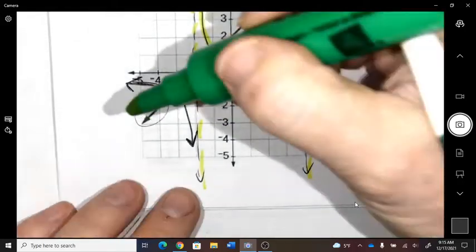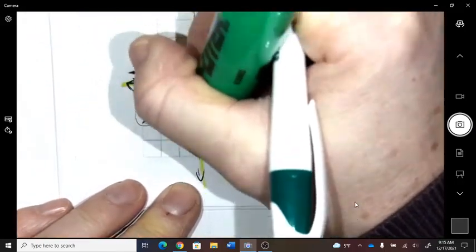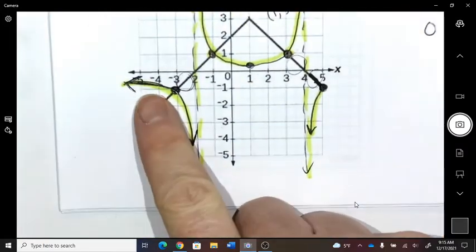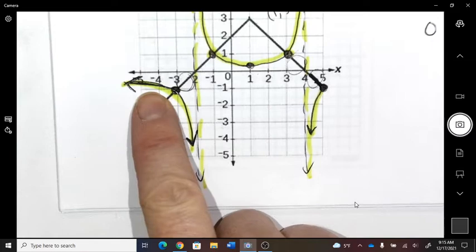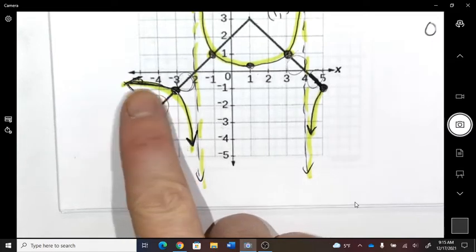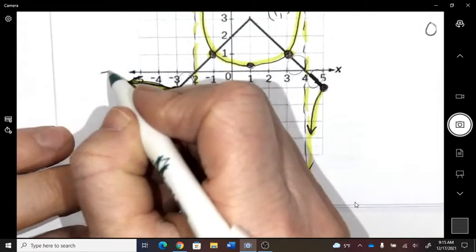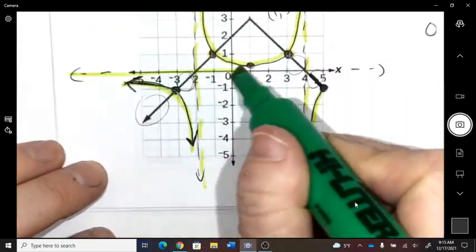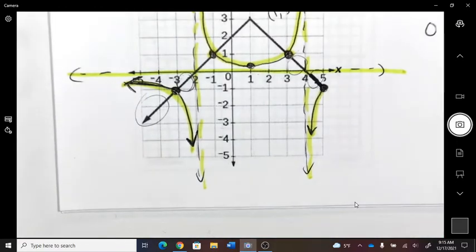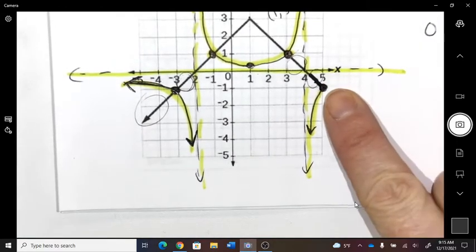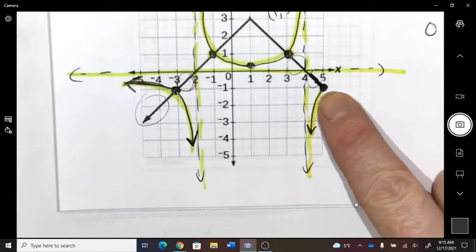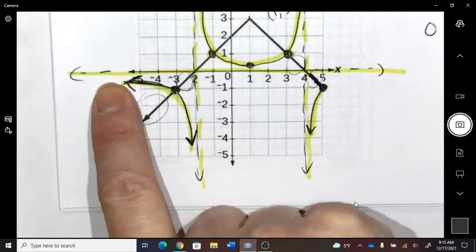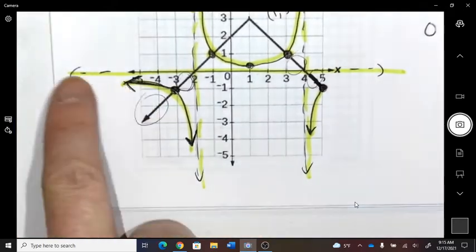And that created something else though. Because this is going to get closer and closer to 0, because it's an arrow, I now have to make an asymptote as well right here. I didn't here because this stopped. It didn't get closer to 0, it just stopped. But here, because this went away from 0, I get closer to 0. If I'm getting closer to 0, I have an asymptote there now.